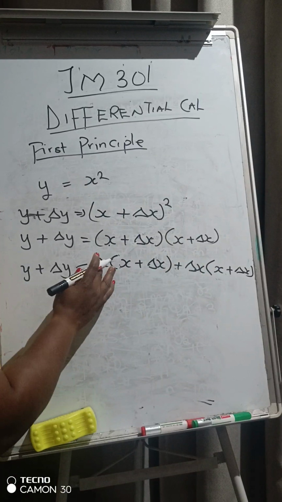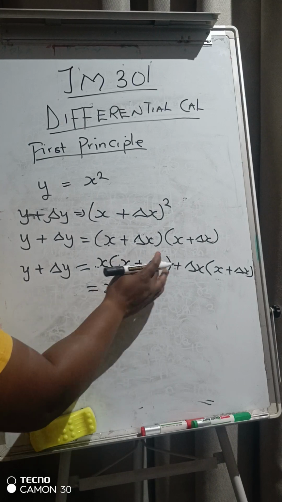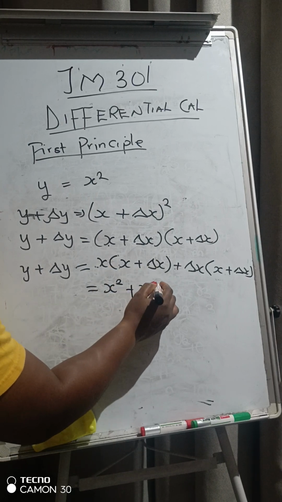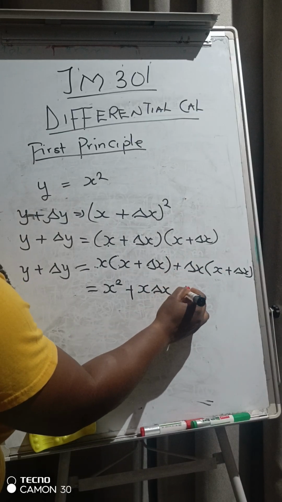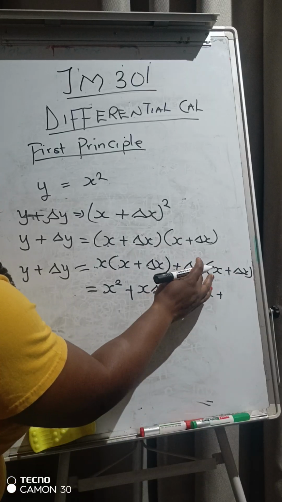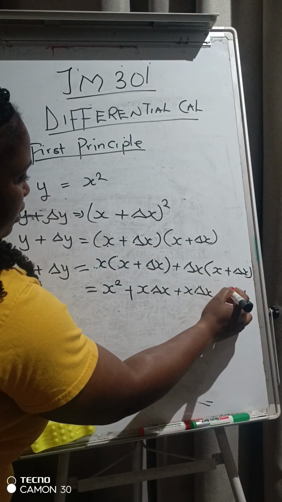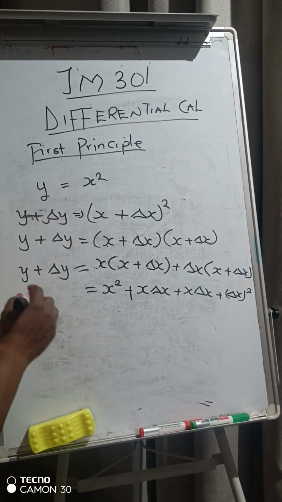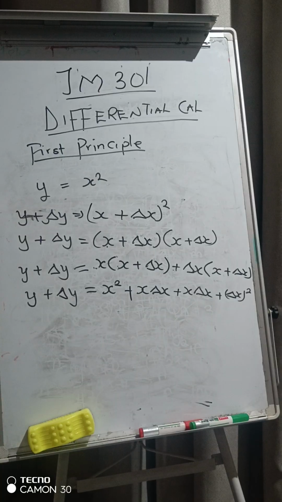Simplifying your right hand side, x times x will give you x squared, plus x times the change in x is going to be x change in x. Change in x times x will give us x change in x. Then change in x times change in x will give us change in x all squared. And we're going to have y plus change in y.